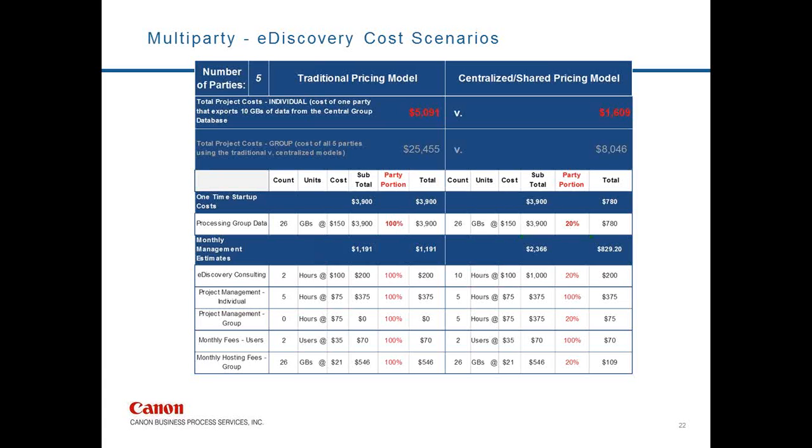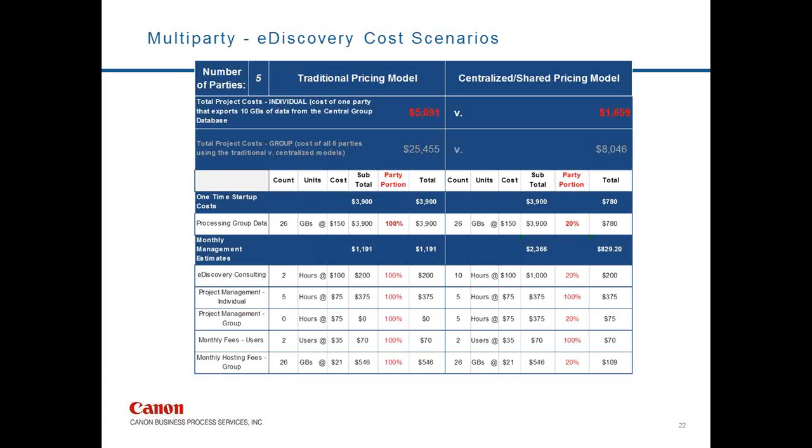And if you can get agreement to share those costs, you might have some slightly higher e-discovery consulting costs up front to set up the model, but the efficiencies in terms of the billing model and in terms of the document flow much outweigh those costs. And the cost savings can be enormous.